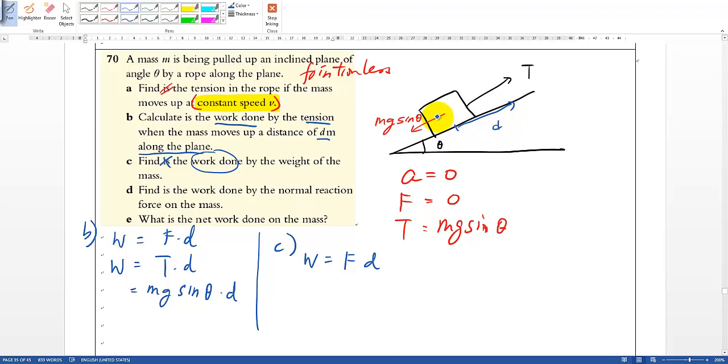And so you don't have to do much. You don't have to take the cosine. You just have to substitute everything in, but then they are in opposite directions. So you may claim that it is negative mg sine theta times d, and obviously this is the negative of the answer from part B, or the other way around.